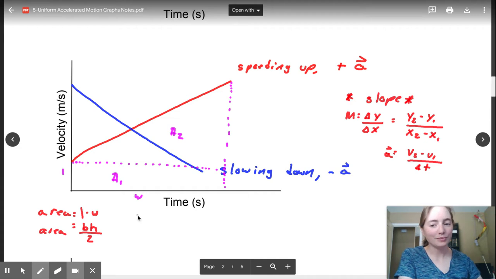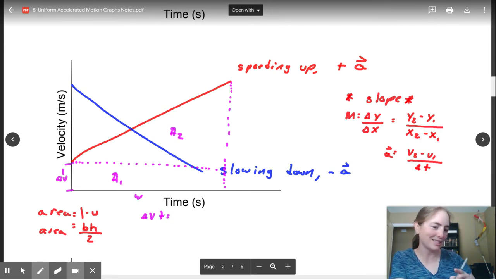So if I have change in velocity, from the velocity here to the velocity here, that's a delta v right there, and I am multiplying that by my width, which is a change in time. What does v times t give you? Displacement, guys. Will you look at that?